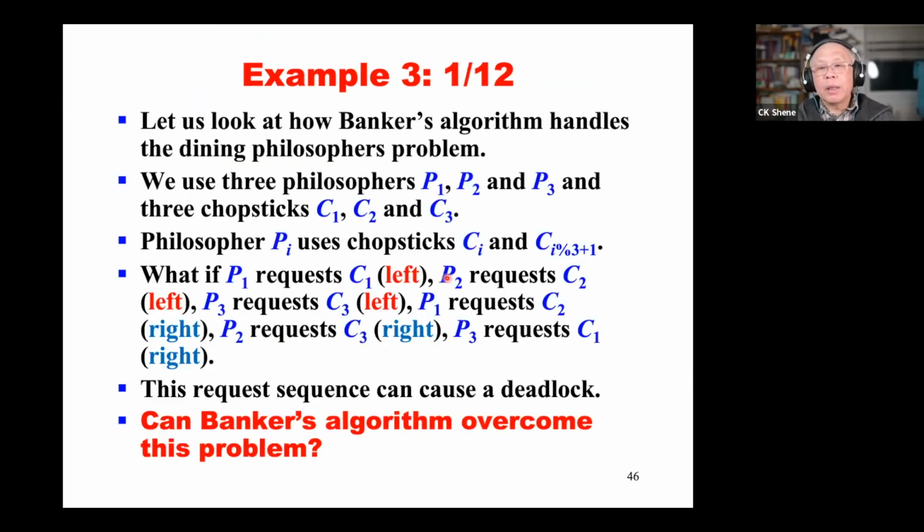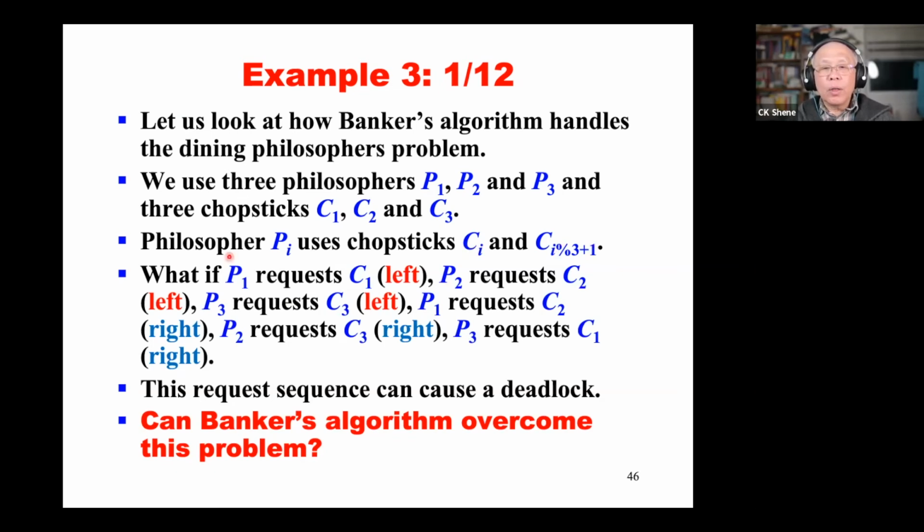Now let's meet the old friend, the dining philosophers problem. In order to make sure the screen is large enough, I can only use 3 philosophers and 3 chopsticks. So philosopher Pi uses his left Ci and his right C(i mod 3 plus 1).